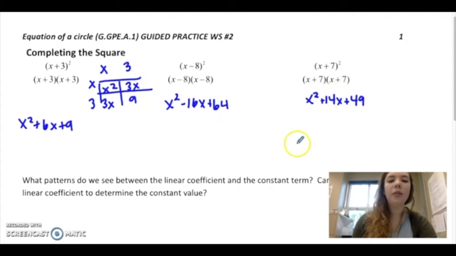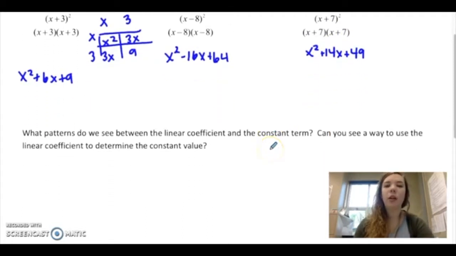Okay? What patterns do we see between the linear coefficient and the constant term? How can I get from 6 to 9, or negative 16 to 64, or 14 to 49? Really what it comes down to is 3 and 9. 3 is squared to get 9 and doubled to get 6.